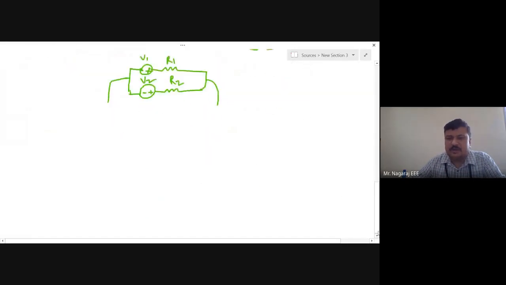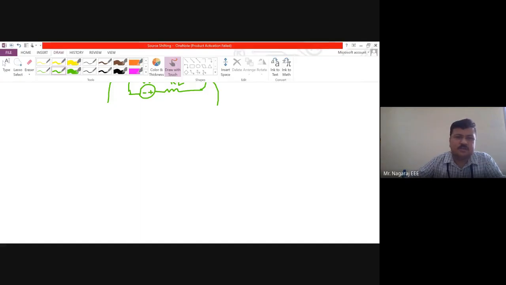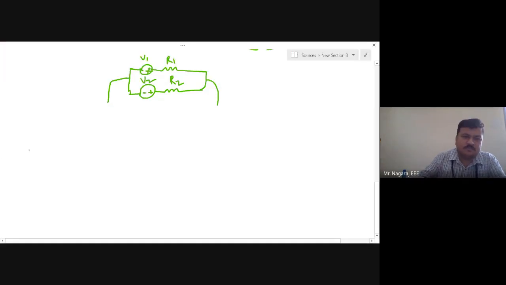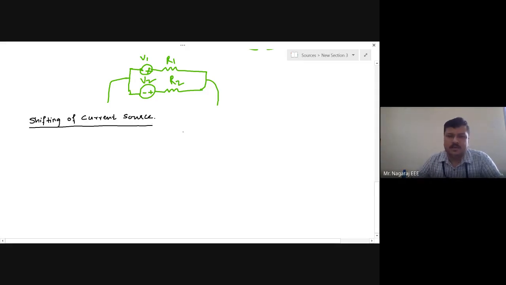Now, the next part is shifting of current source. What we have seen is the shifting of voltage source. Now we will see shifting of current source. Voltage sources were shifted beyond the nodes.